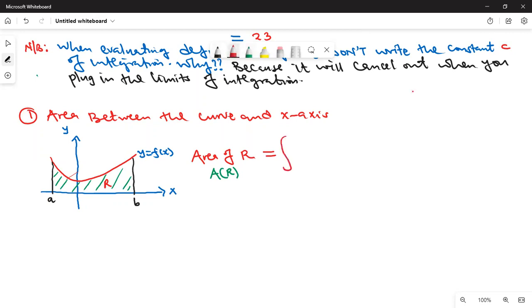We need to find the area from x is equals to a to x is equals to b. So we are going to integrate from a to b. Integrate your curve. What is our curve? y is equals to f of x. So we are integrating the function of x with respect to x. What you get will give you the area of the region R.